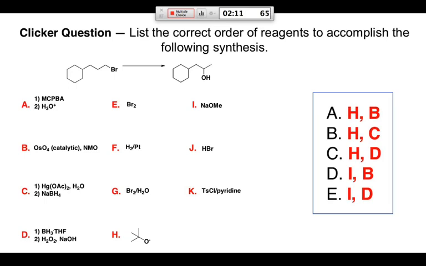You can only pick the ones that are correct. If A is not there, it just means you don't need to pick A. Okay? That rules out some things.